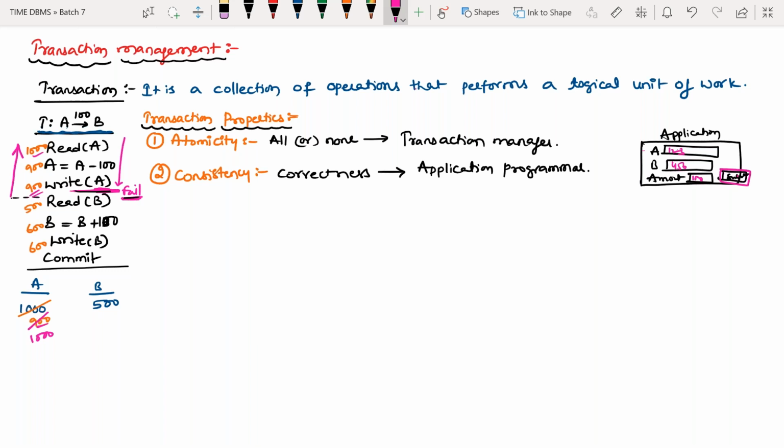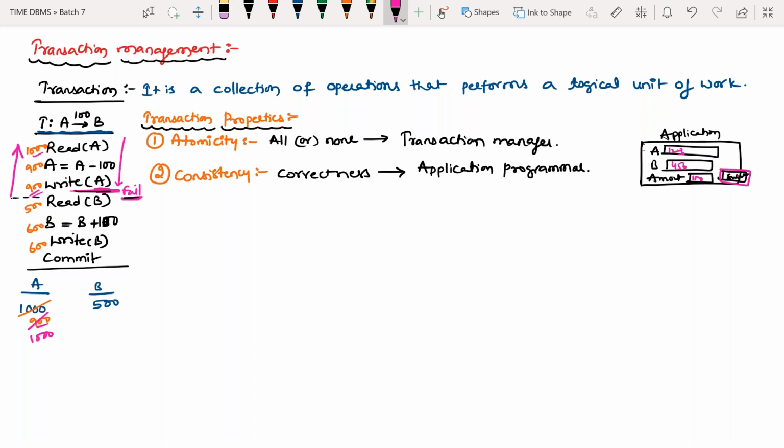The programmer. Now the programmer should write the programs in a proper way so that whenever the program gets executed, the state of the system should be correct. It means whoever is coding this program should code the transactions properly. Otherwise, it may lead to an incorrect state.